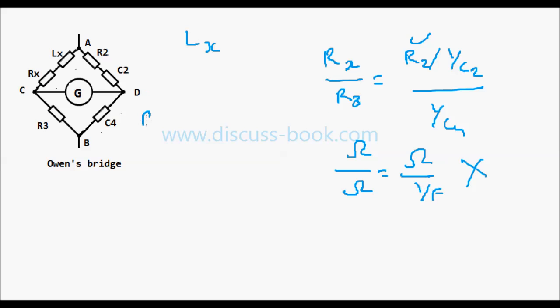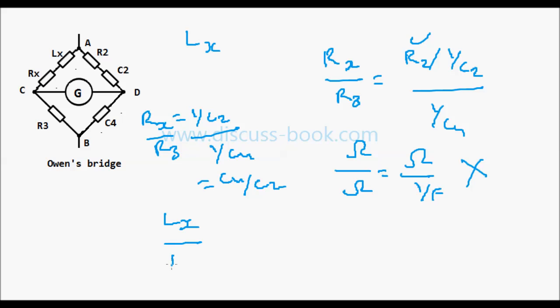So for Rx, you have to take Rx by R3 is equal to 1 by C2 and 1 by C4. This is equal to C4 by C2. So Lx by R3 is equal to R2 divided by 1 by C4. So Lx is equal to R2 into R3 into C4.